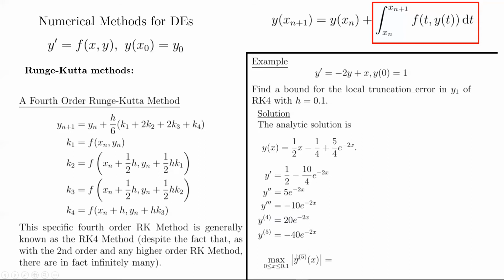Okay, the maximum of this fifth derivative is equal to 40, taking the absolute value so I can get rid of the negative, times the maximum of this exponential on that same domain. Between x equals 0 and x equals 0.1, what value of x will make this exponential of negative 2x largest?